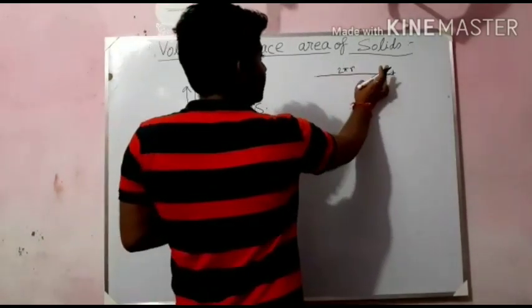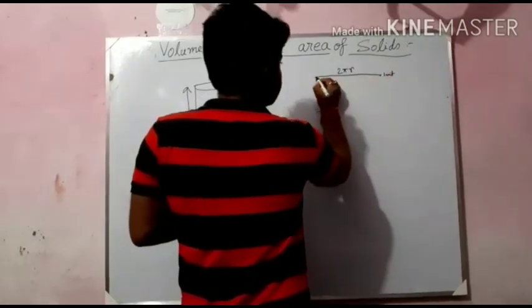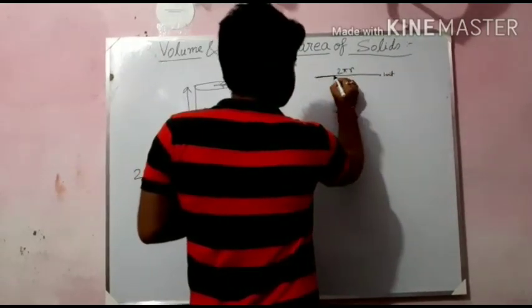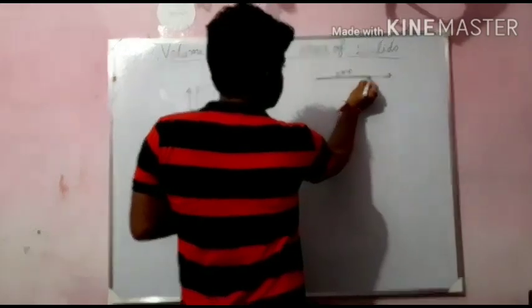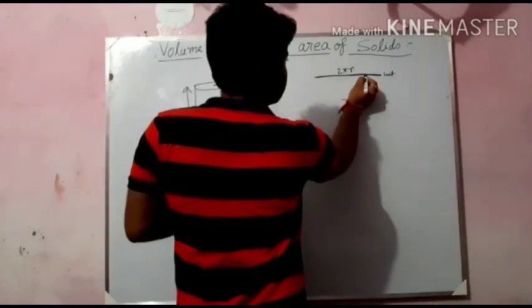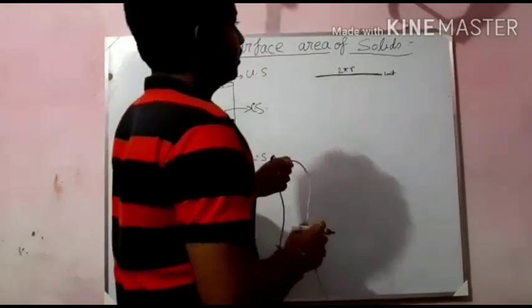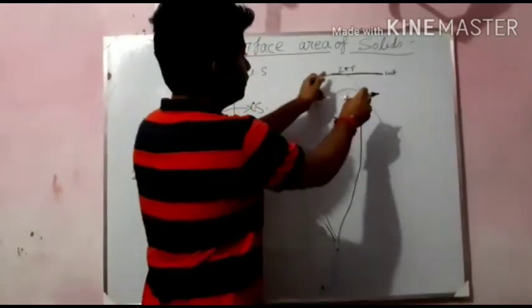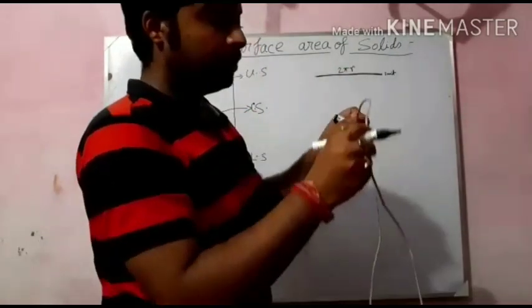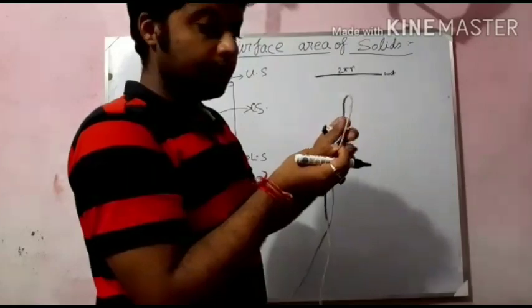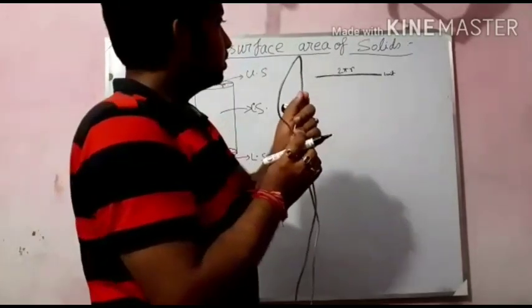So the length is 2 pi r and the width is 1 unit. Now this much area was covered by just one round.